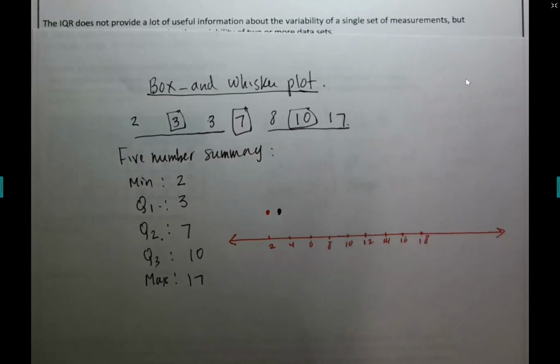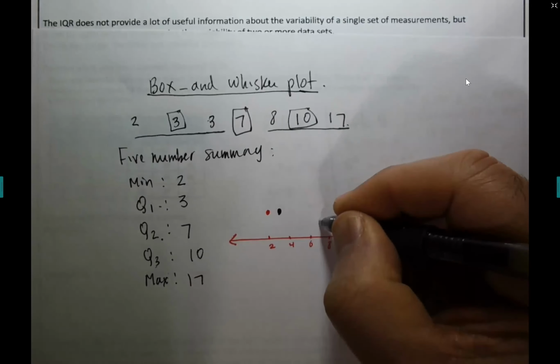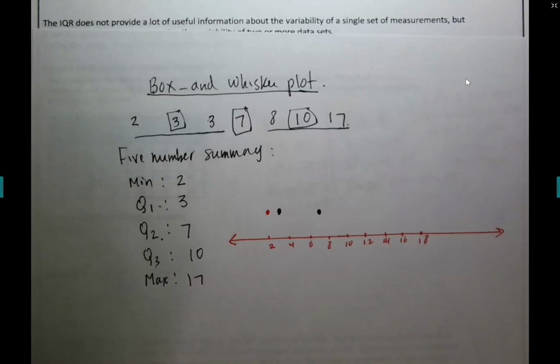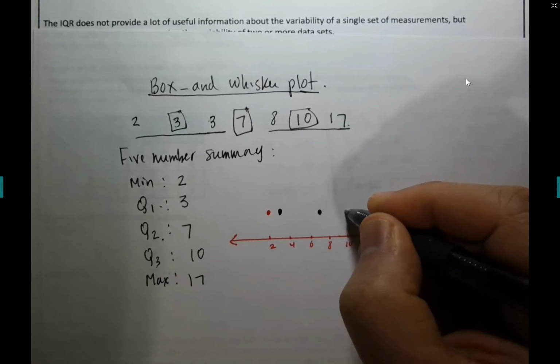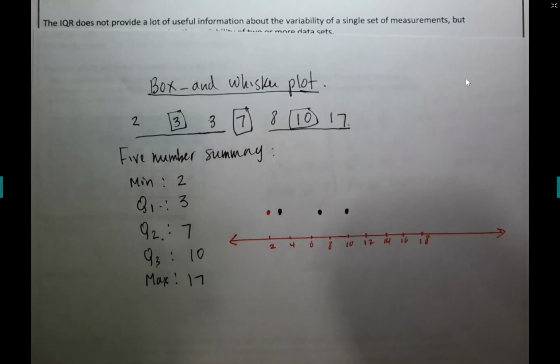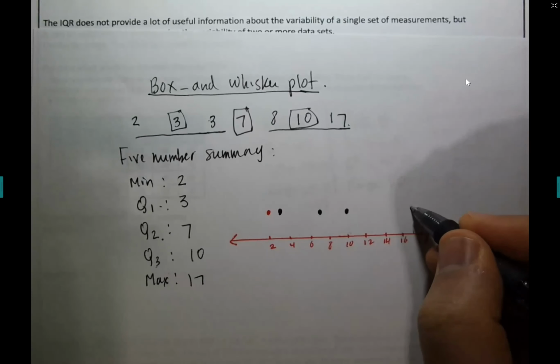Q2 is 7, which, you guys agree with me, is halfway between 6 and 8. It's right here, watch. I need 2 more points. Q3, which is 10, right here. And then 17, it's halfway between 16 and 18.